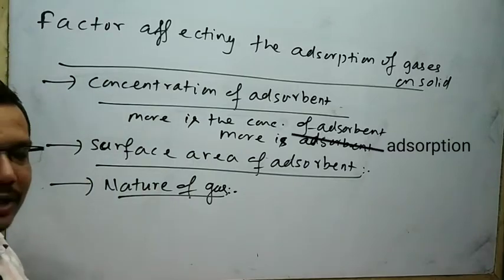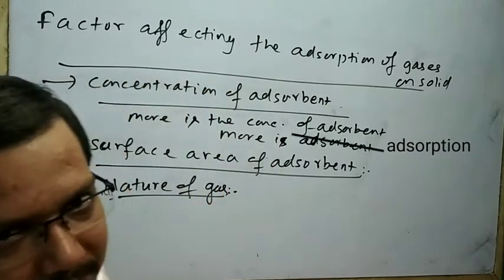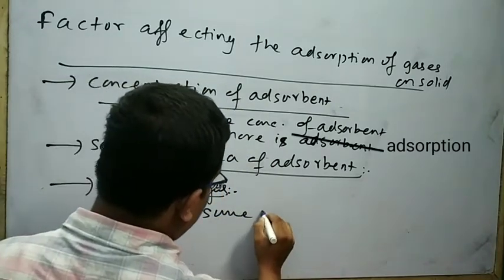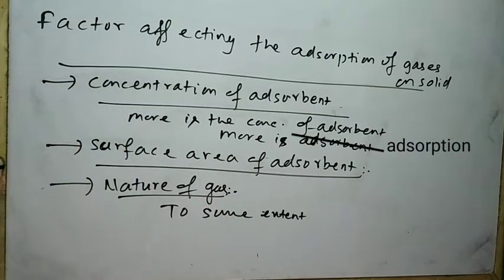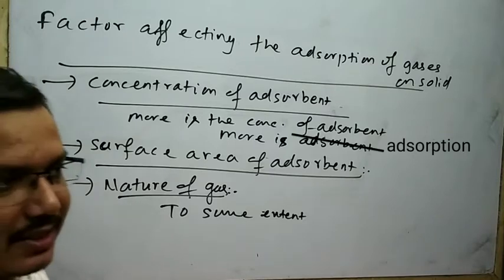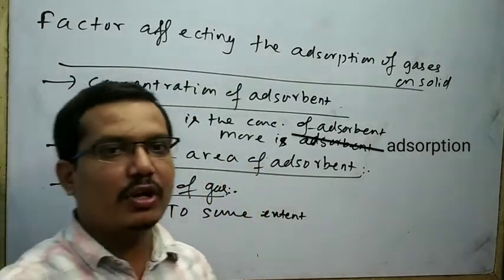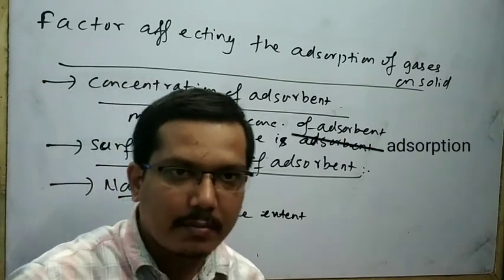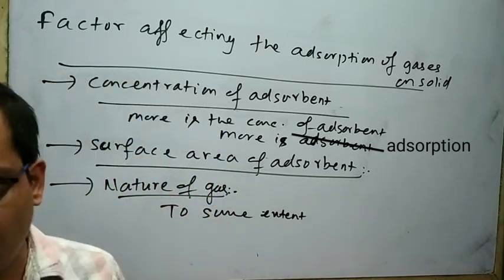That means all the gases can adsorb on the surface of the adsorbent to some extent. But in case of chemical adsorption, only specific gases can adsorb on the surface of the adsorbent, because there is a formation of chemical bond between the adsorbate and adsorbent molecules.